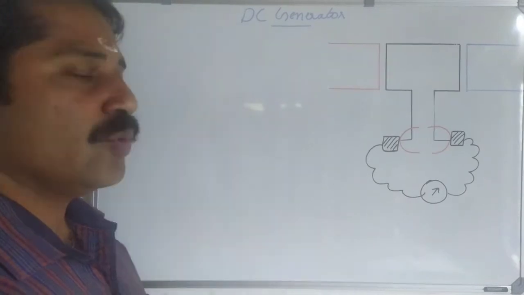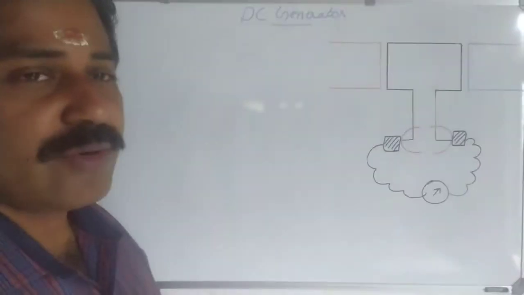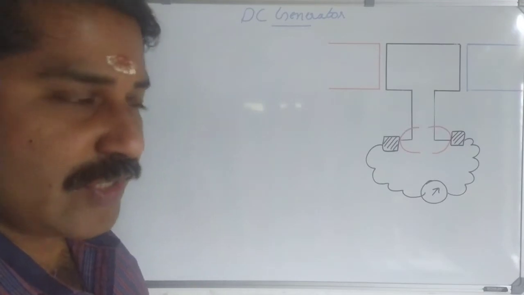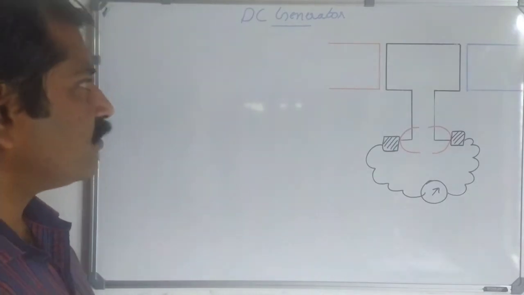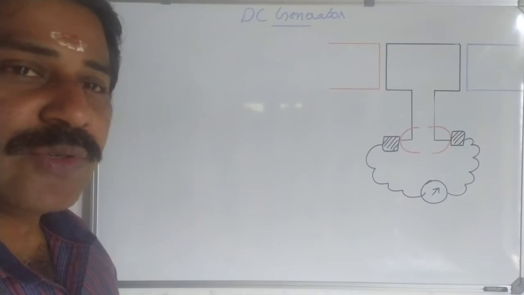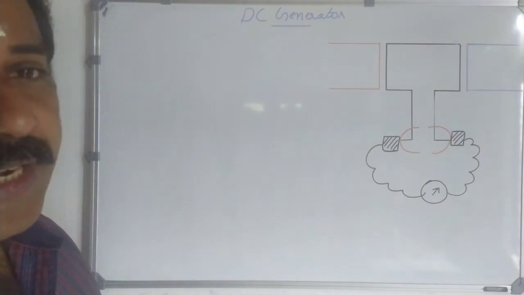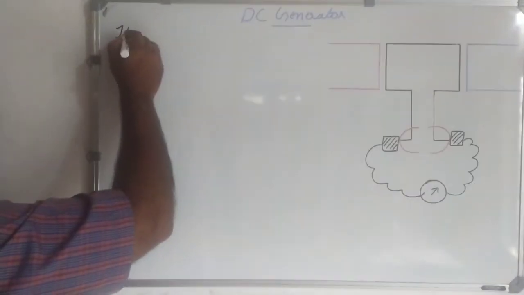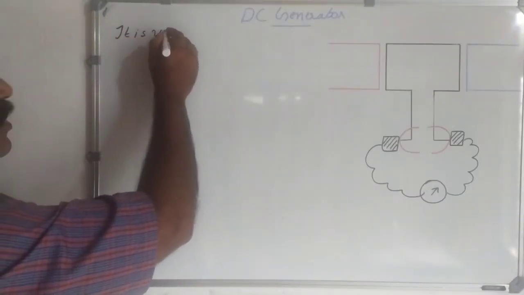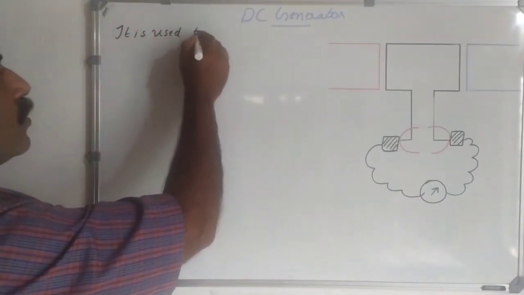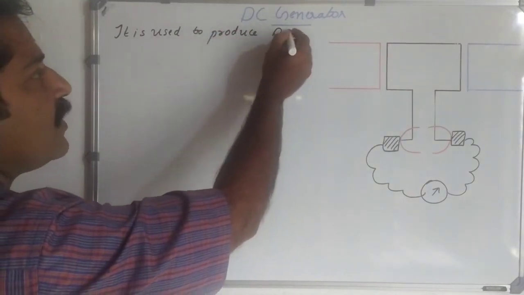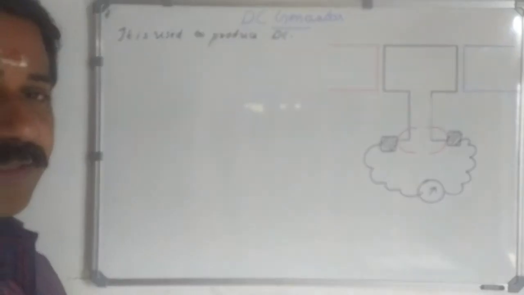Let us go through the things we have to learn about a DC generator. First of all, what is the use of a DC generator? It is used to produce DC or direct current.